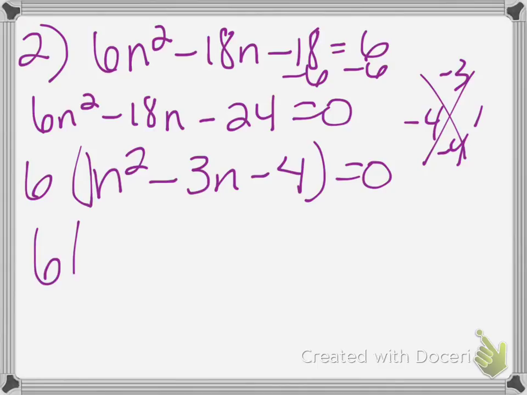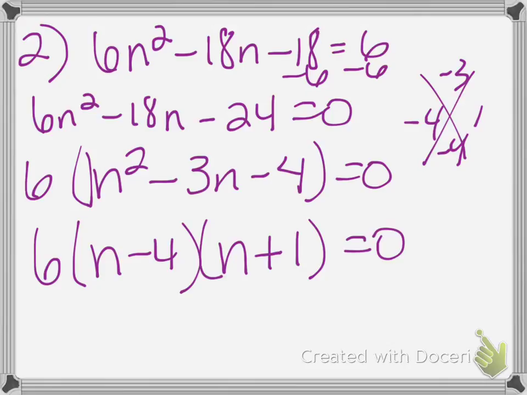This 6, remember, stays along for the ride, and then I get 6 times (n minus 4) times (n plus 1), and that equals 0. So now, the thing is, before, in the last problem, I said set each binomial equal to 0 and solve. In this case, because I factored out a GCF, I have to take each component, okay?